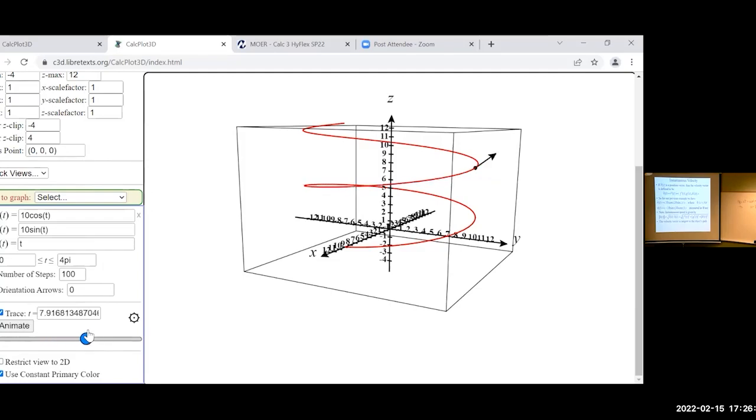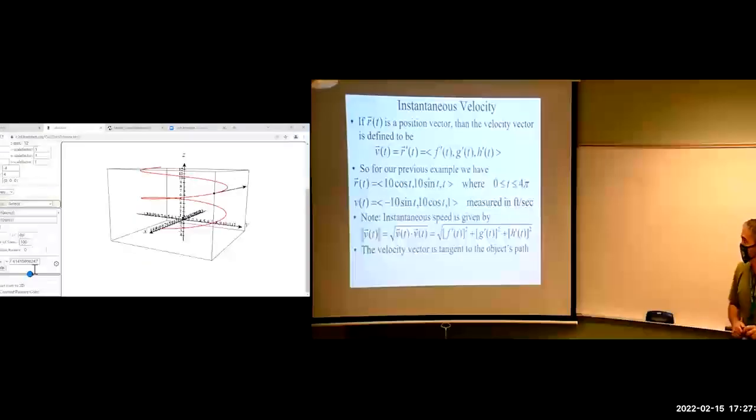All right, we're going to look at something real cool here. So we've got a velocity vector. We're just going to do this one together. We've got a velocity vector of negative 10 sine t, 10 cosine t, 1.